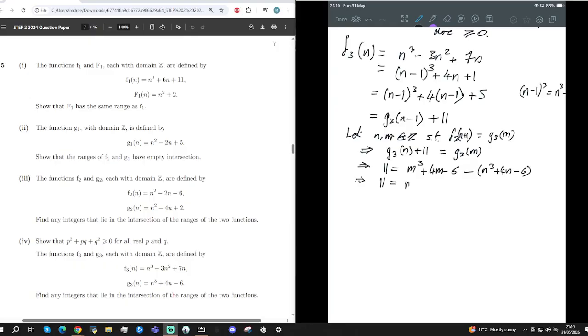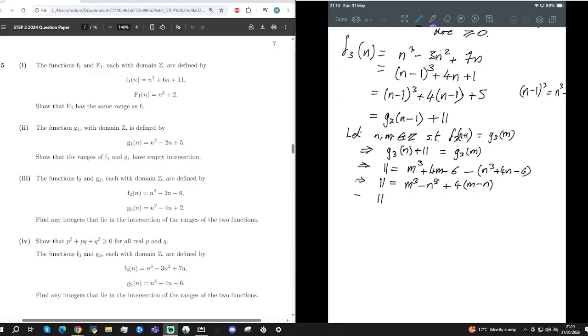If I do this subtraction here, we've got m cubed minus n cubed plus 4. I'm even going to put that in there as well. The numbers cancel. And I'll quite like to use the first part of part 4 somewhere, which currently isn't obvious.